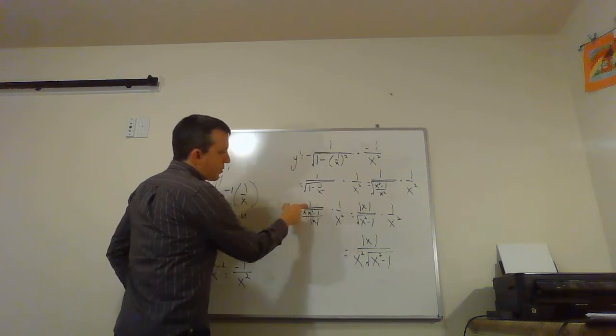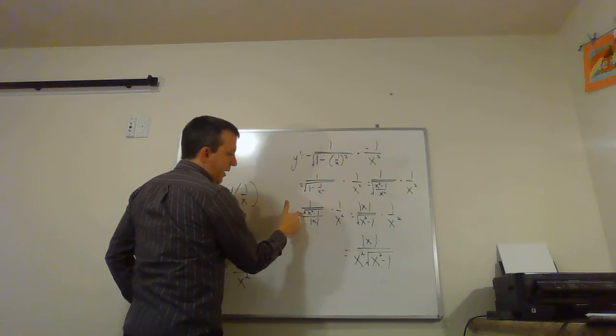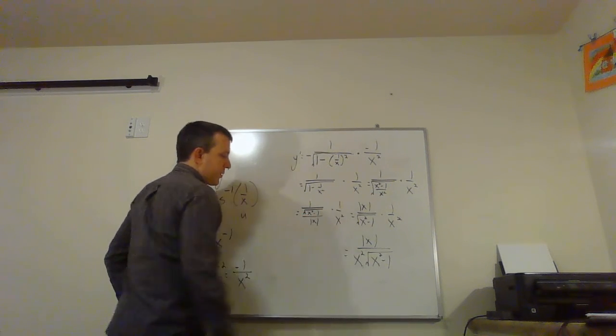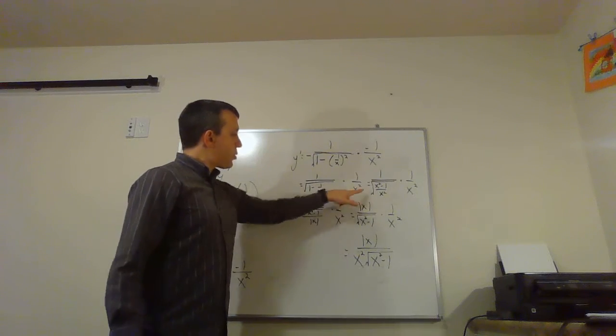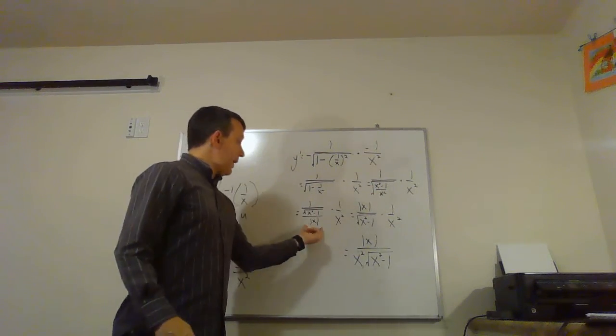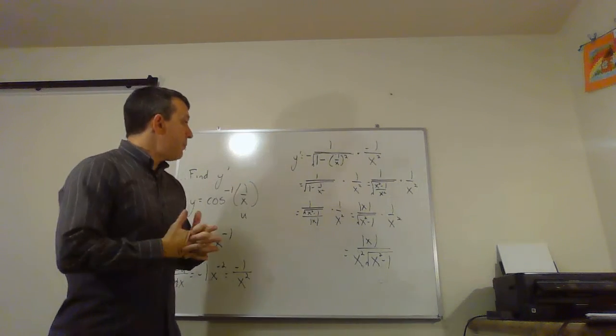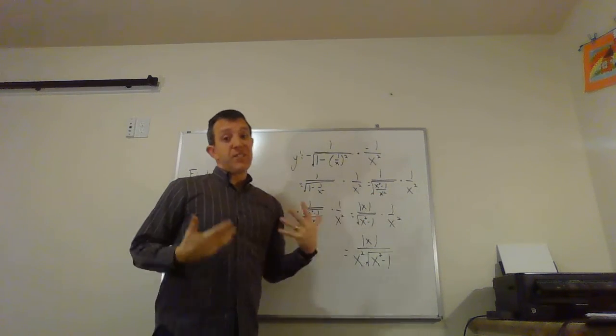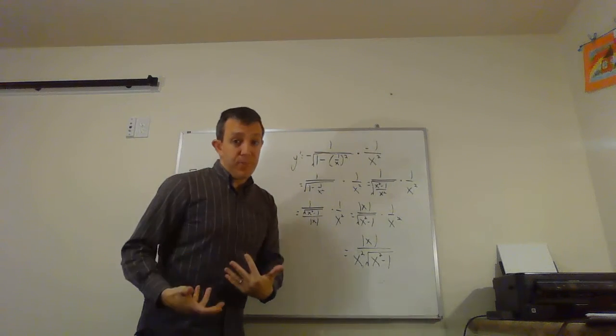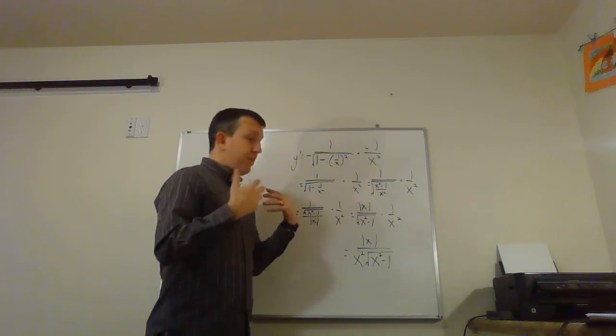When I split the square root here, the top stays as the square root of x squared minus 1. But the square root of x squared is the absolute value of x. We don't know if x is positive or negative here, but we do know that if you square anything, it turns into a positive, and the positive square root of that is positive.